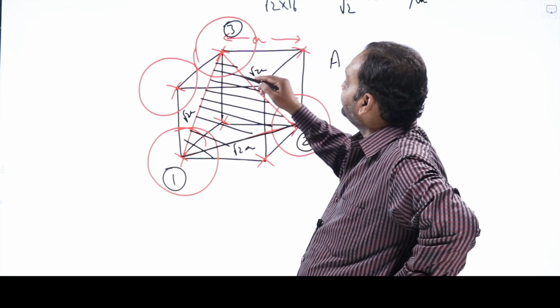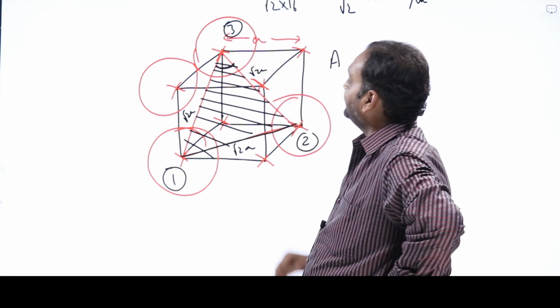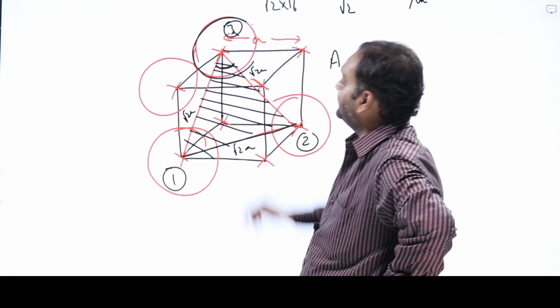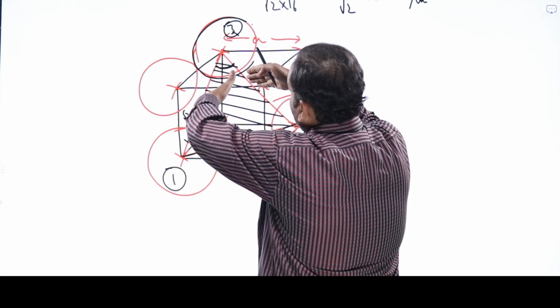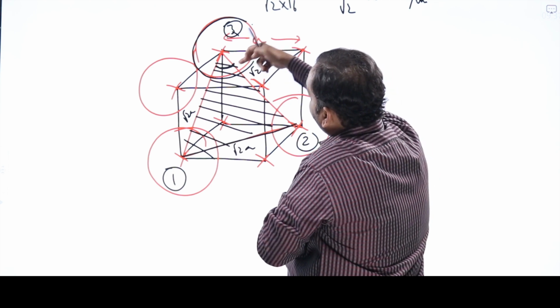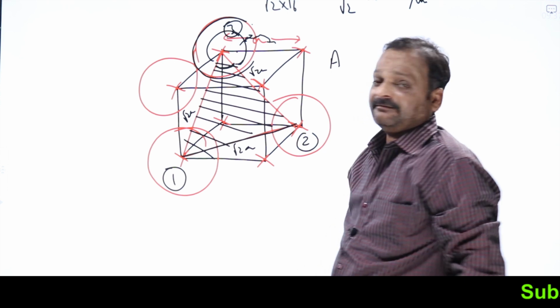In an equilateral triangle, this angle is 60 degrees, whereas this entire atom's cross-sectional area covers 360 degrees. So only a 60 degree portion of the atom comes into our 111 plane. The 111 plane is up to this point only. Further, from here to here, it is not in our plane.